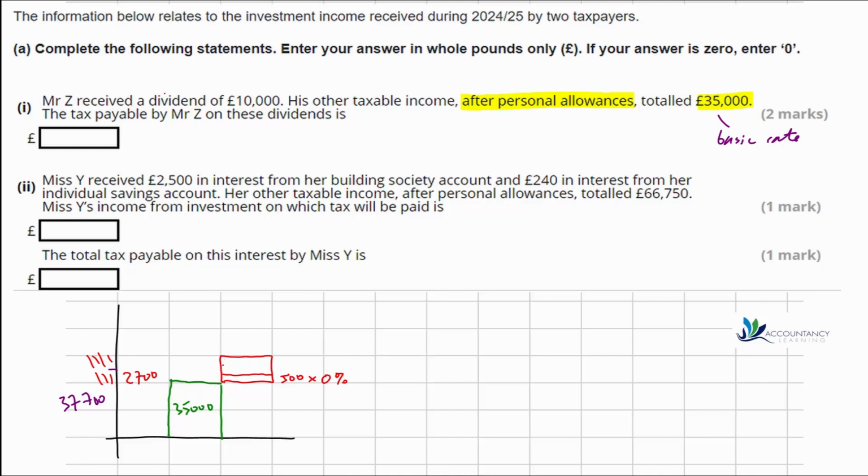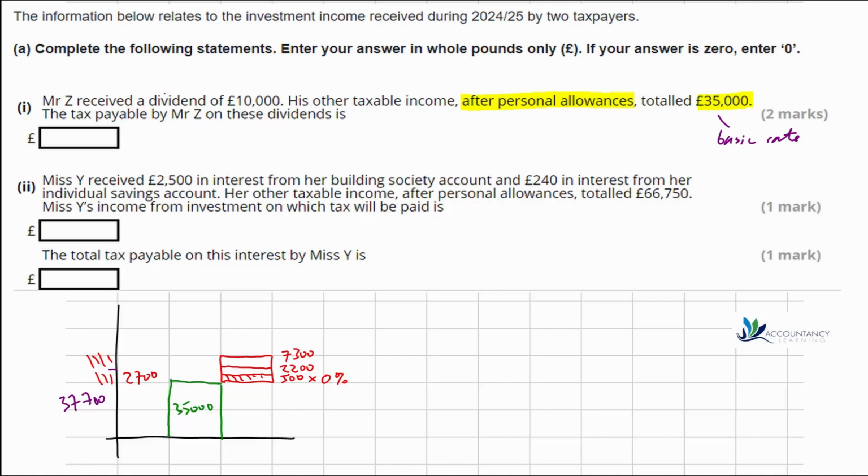To get up to the basic rate band, there's a further 2,200, and we're going to pay the basic rate on that. Above that, there's a further 7,300 to give us the full 10,000, and that's now gone into the higher rate band. We need to remember that the 500 allowance does consume some of the basic rate band.